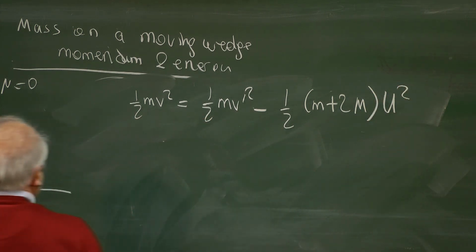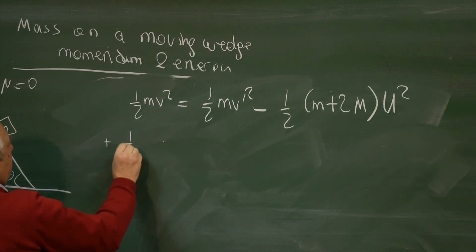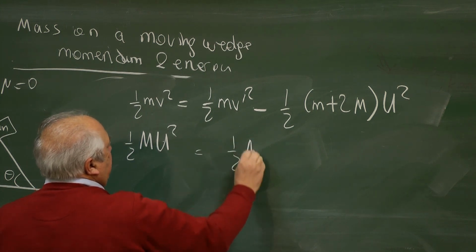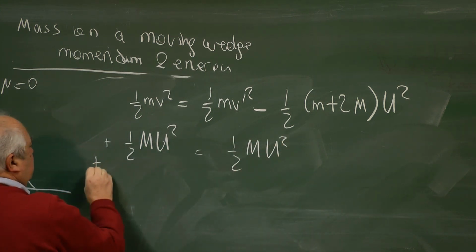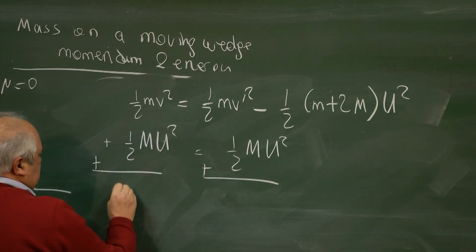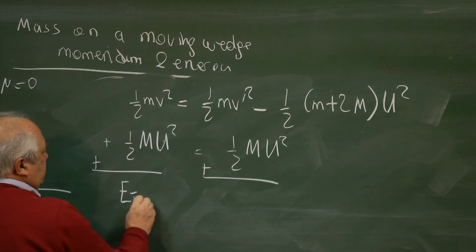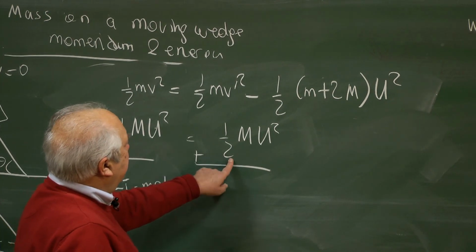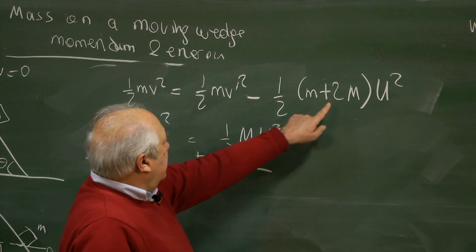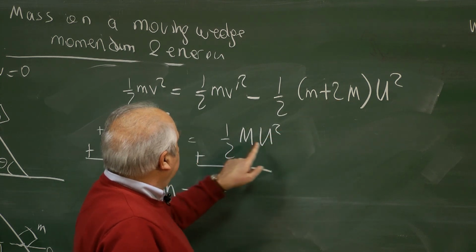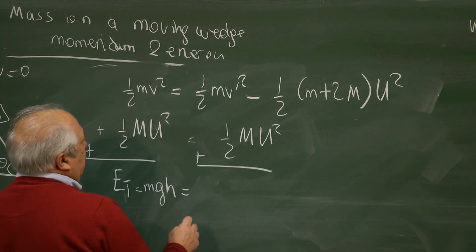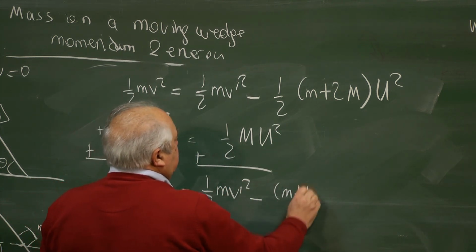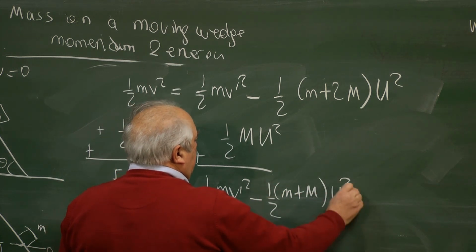So the energy was this thing plus 1/2 Mu square, and let me add 1/2 Mu square. So this is the initial energy, which is mgh equals, if I add, so here I have minus 2m, I am adding M, one of them cancels, so 1/2 m V prime square minus (m plus M) 1/2 U square.